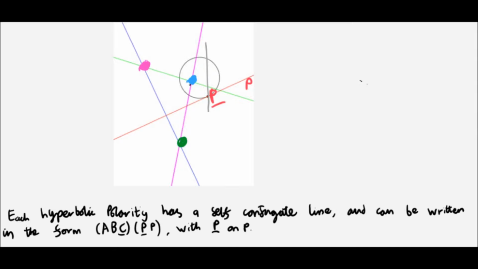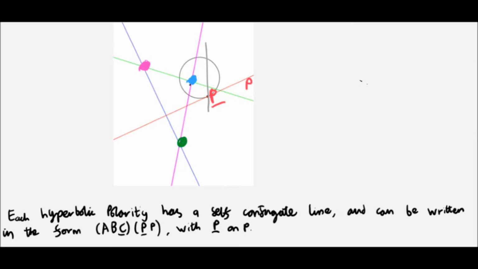And in this extreme example, this capital P is actually a self-conjugate point. So in other words, capital P lies upon its line, which is the polar of P. It's just sort of taken for granted here that we have such a hyperbolic polarity of this form.